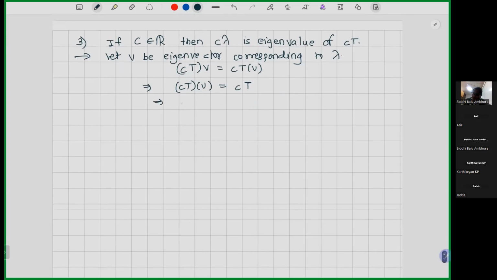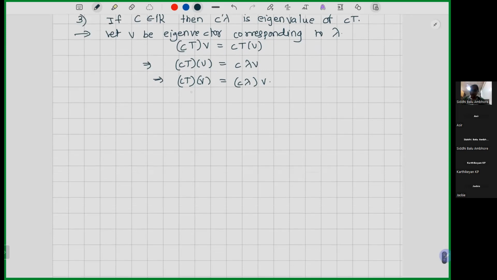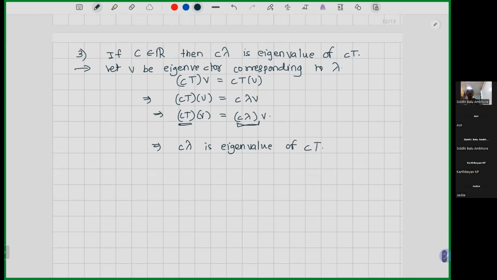So this implies Tv is equal to lambda v. Then cT v is c lambda v. So this implies that c lambda is an eigenvalue of cT. It's clear, right?